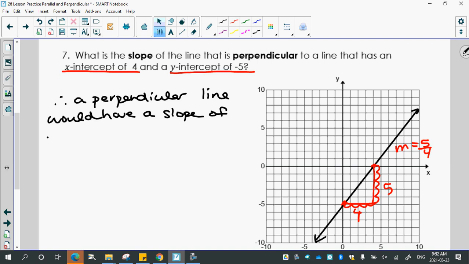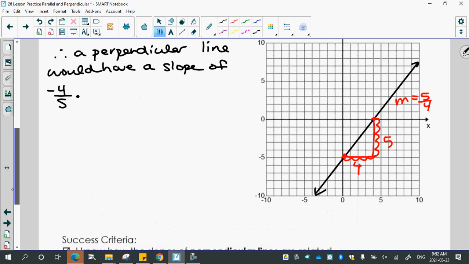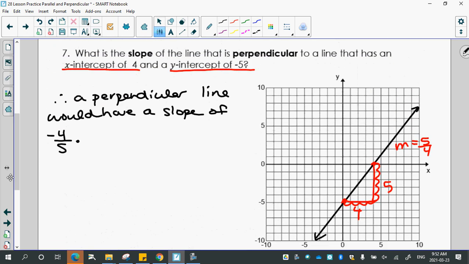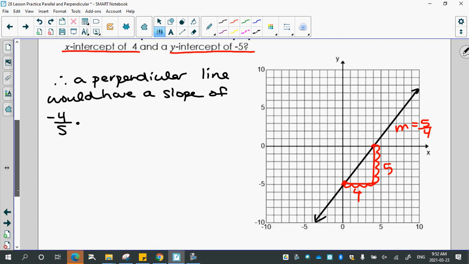So negative 4 over 5, flipped with the opposite sign. Very good. So I showed my work. I found the slope of this one, put it over here, and then I made my statement. Done. All right, and that is our lesson. So I'll hand out the practice.